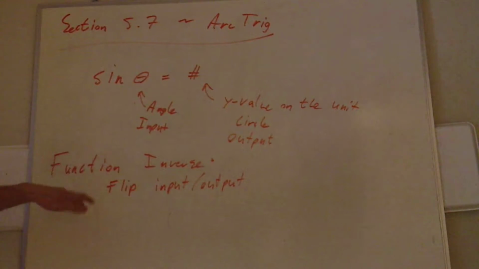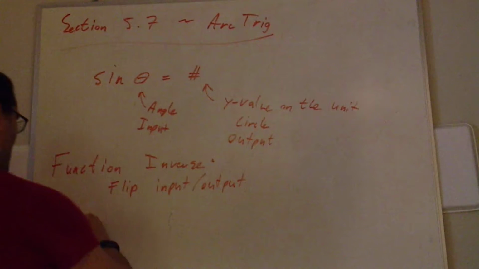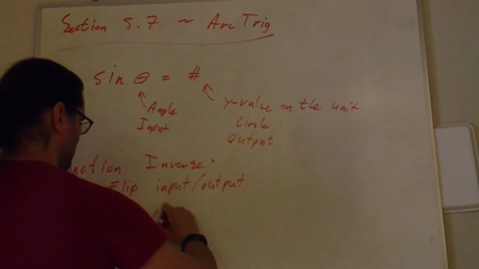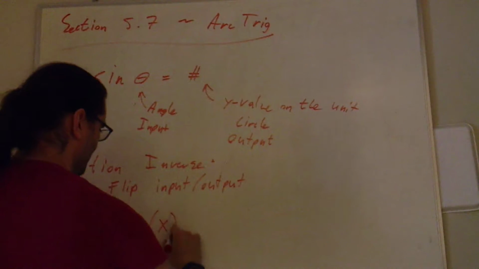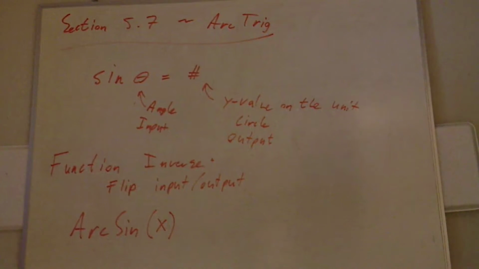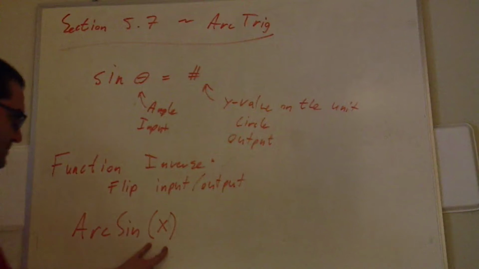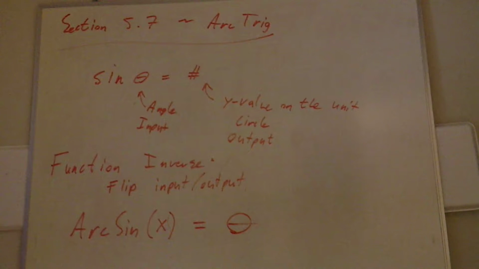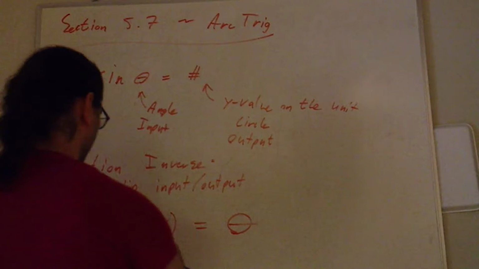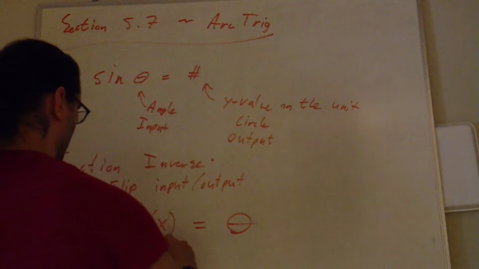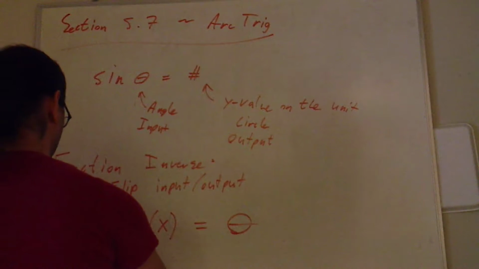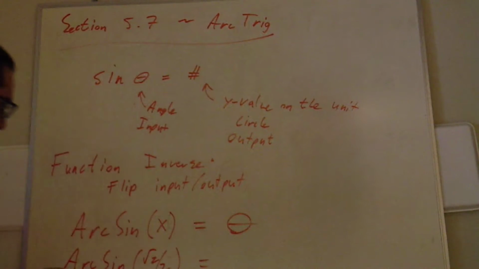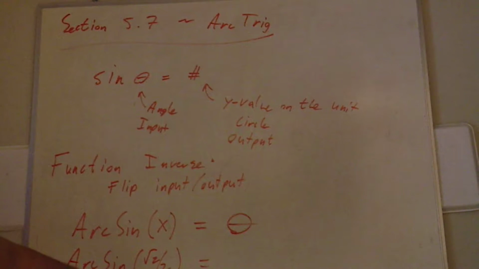So if we're talking about the function inverse of sine, I'm going to write that as arcsine of some number. The arcsine of some number is going to be an angle. So if I ask you for the arcsine of root 2 over 2, this is a y value on the unit circle.